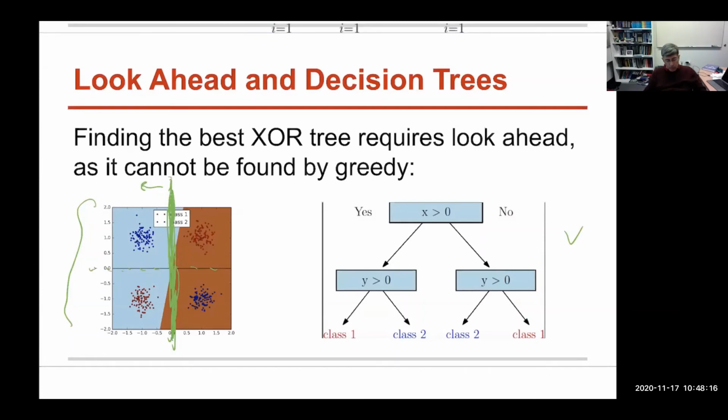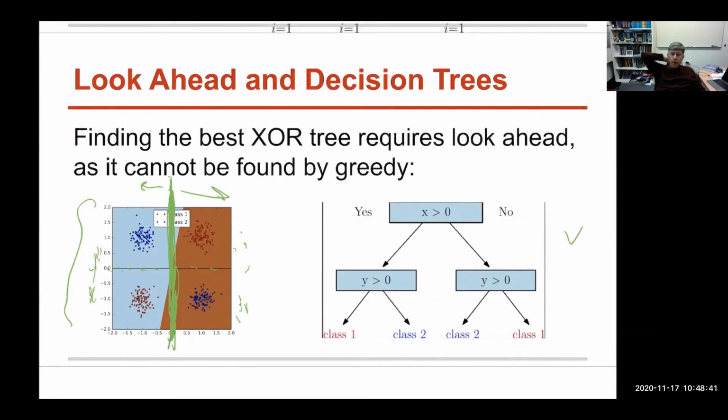If we made this first cut over here, on the right side of it, we still have half the points red and blue. On the left side, we still have half the points red and blue. There has been exactly 0 information gain if we pick the right first split.